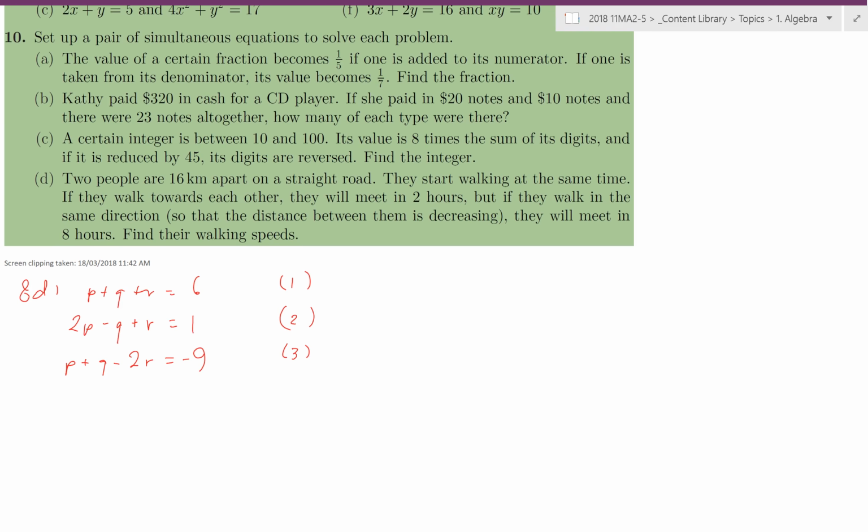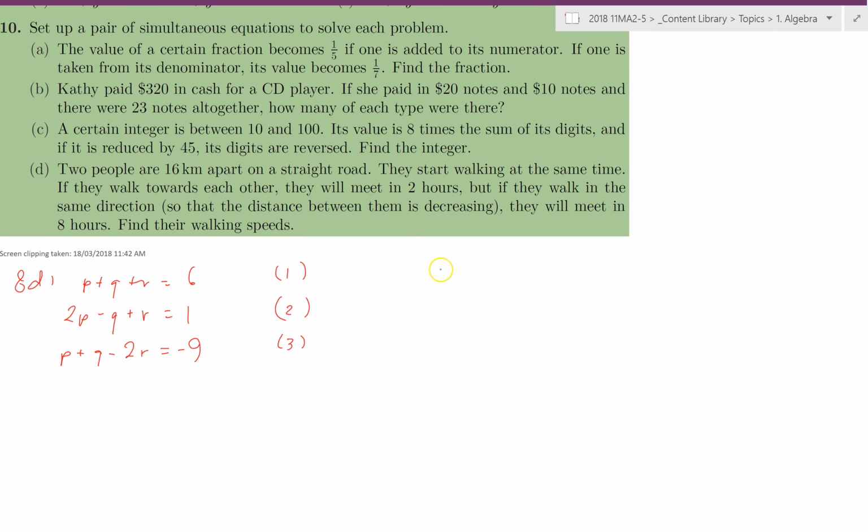Now I'm actually going to do something a little funny with equations 1 and 2. Consider number 1 here. I'm going to rewrite that as, quite simply, P plus Q equals 6 minus R. I'm going to take the R away from both sides and I get P plus Q equals 6 minus R. I'm going to call that 1A.